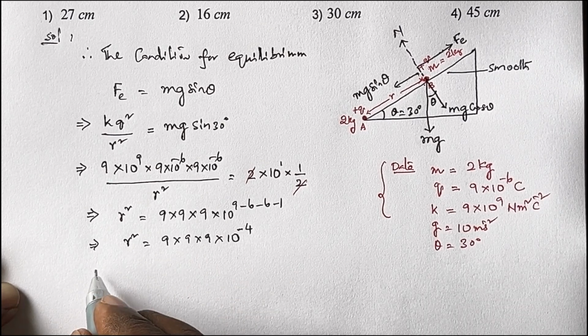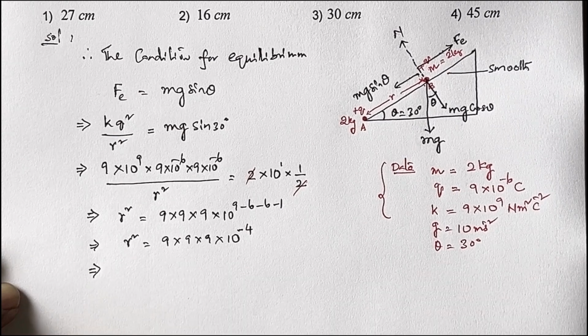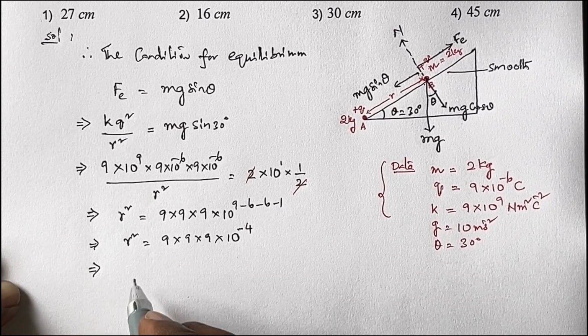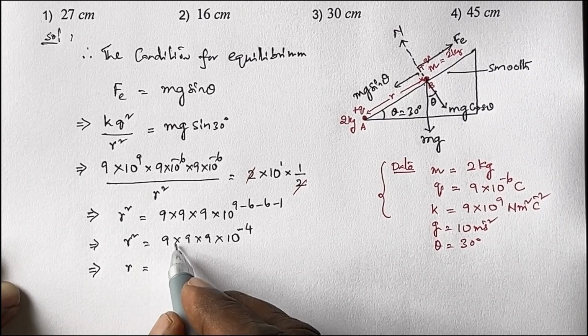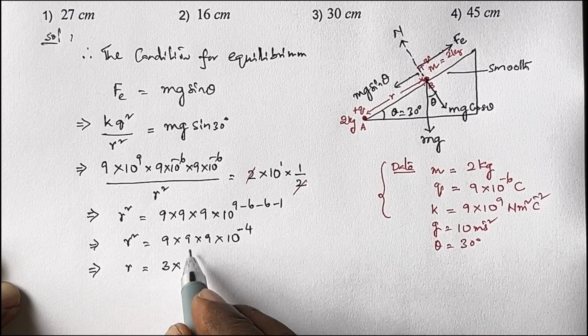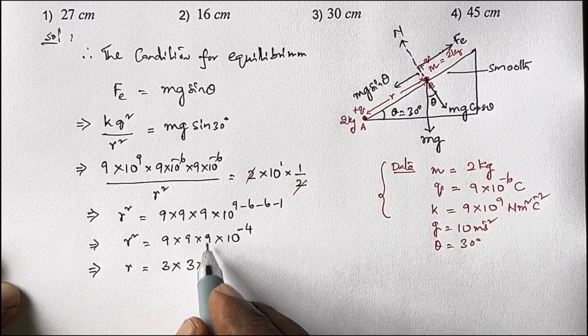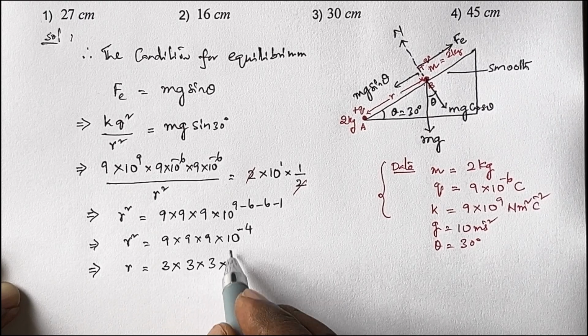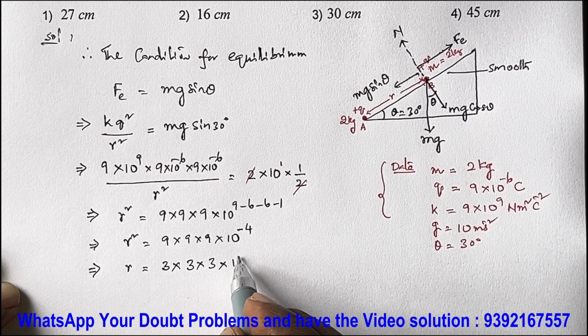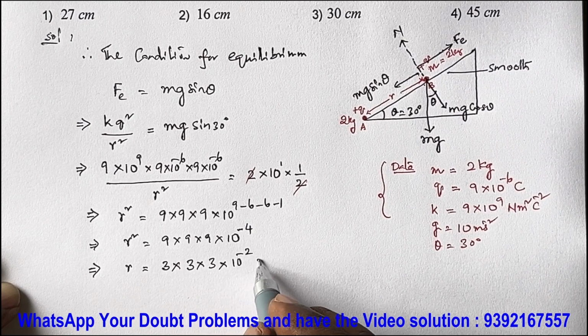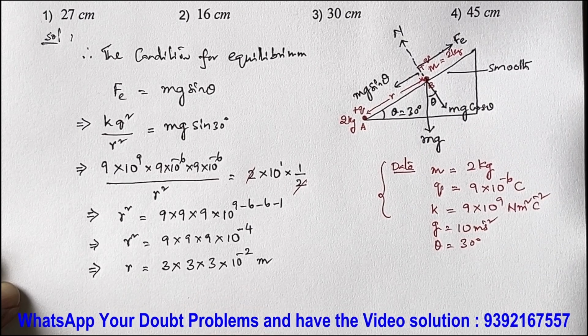Now I will calculate the r value. R is equal to root 9, which is equal to 3. Root 10 power minus 4 is 10 power minus 2 meter. Right? This is the answer. Let us simplify this answer.